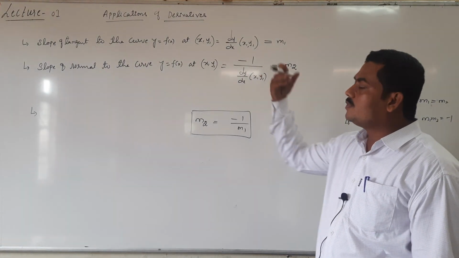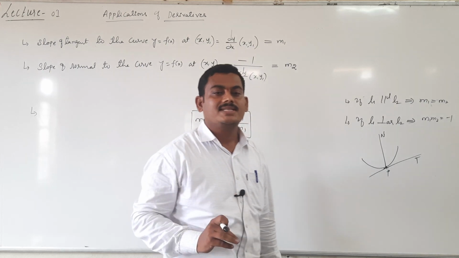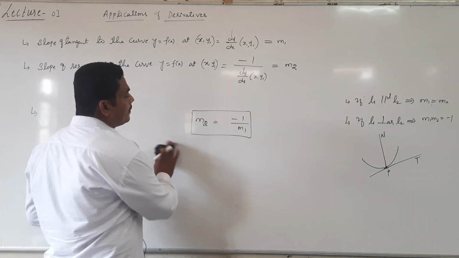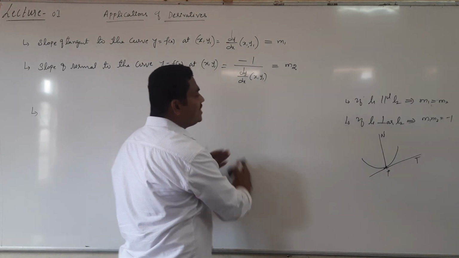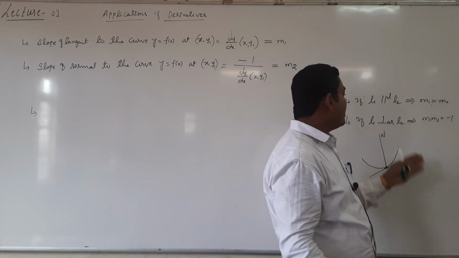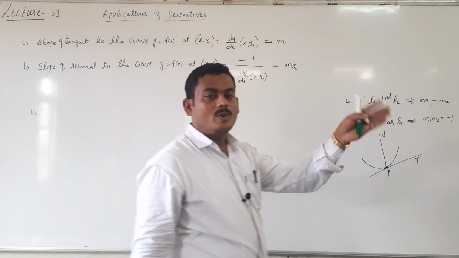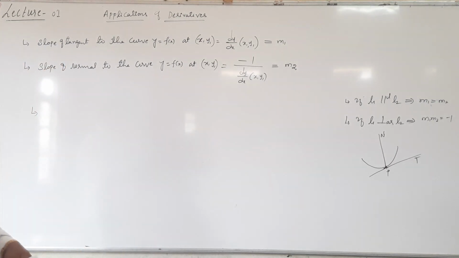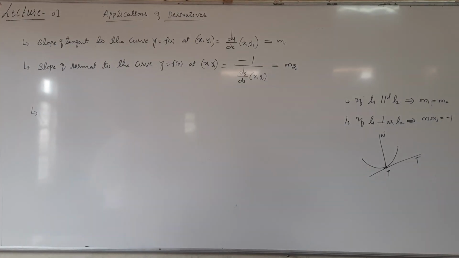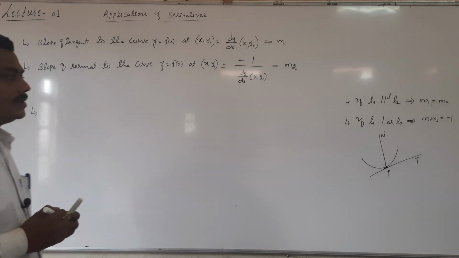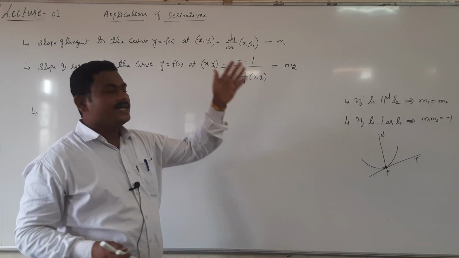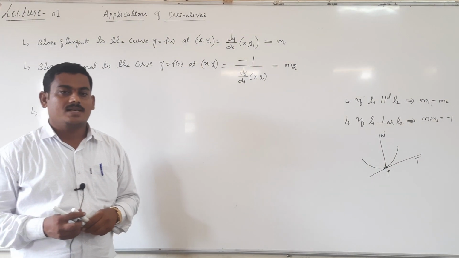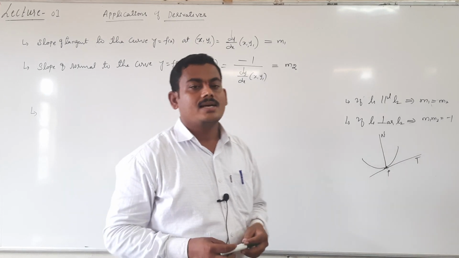The negative reciprocal of the slope of the tangent is known as the slope of the normal. And remember these conditions: if two lines are parallel, their slopes are equal. If two lines are perpendicular, then the product of slopes is equal to minus 1. Right? Slope of the tangent and slope of the normal. With this, I will stop today's class.